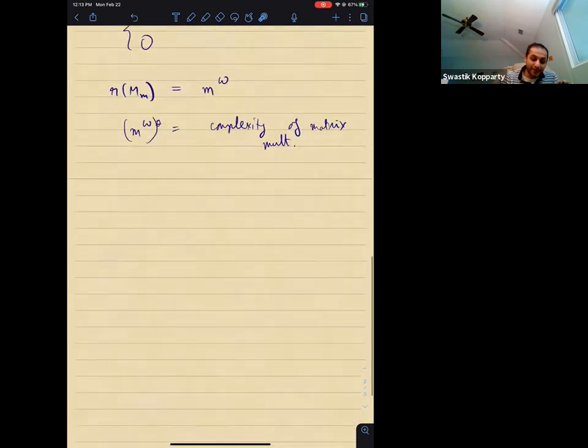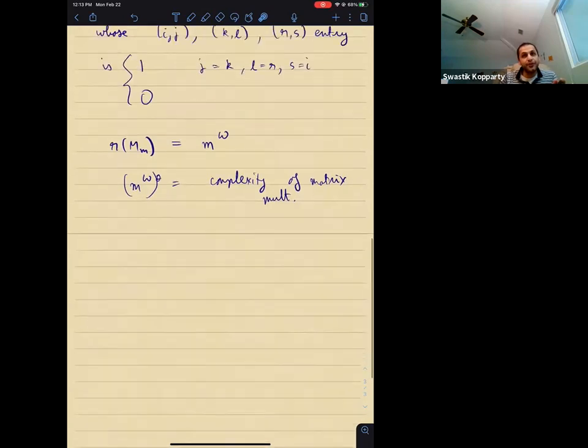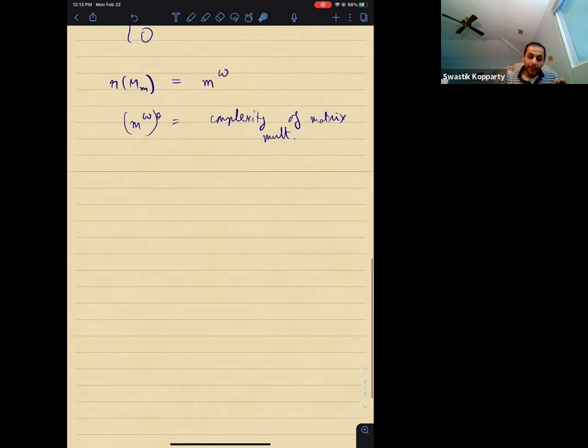Now let me define the notion of reducing one tensor to another.